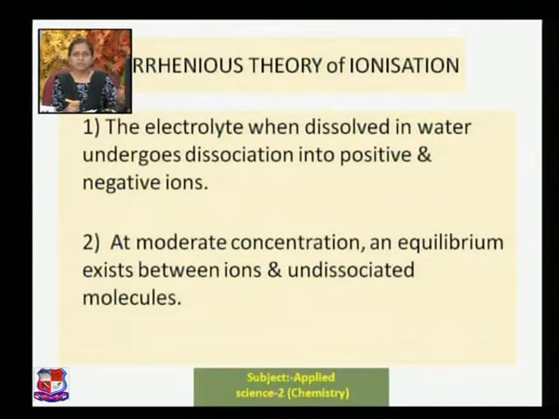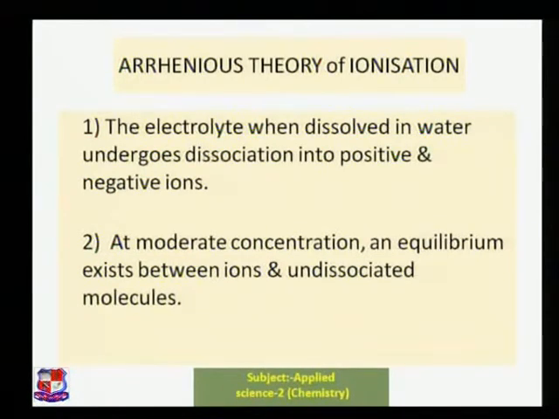Now let us discuss the Arrhenius theory of ionization. What does this theory state? Keeping the diagram in mind, the first point says that whenever you dissolve an electrolyte in water, it undergoes dissociation into positive and negative ions.